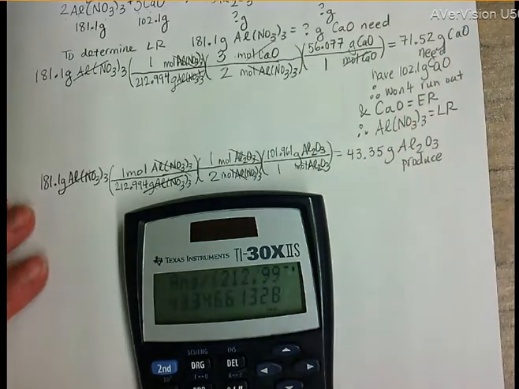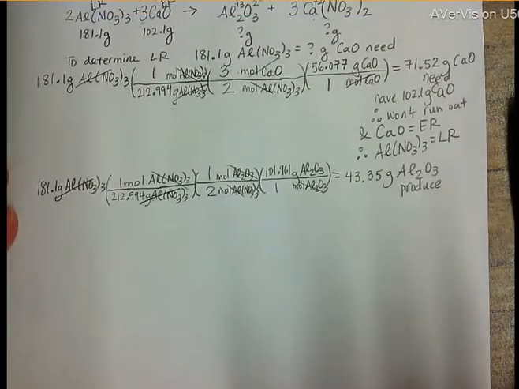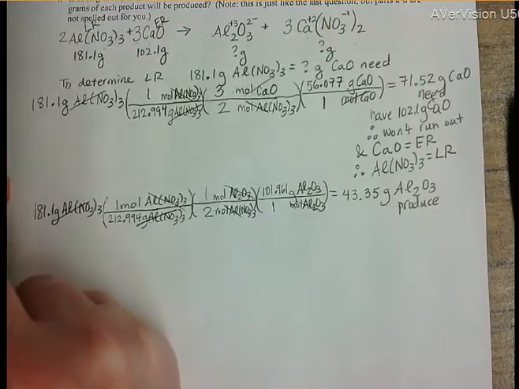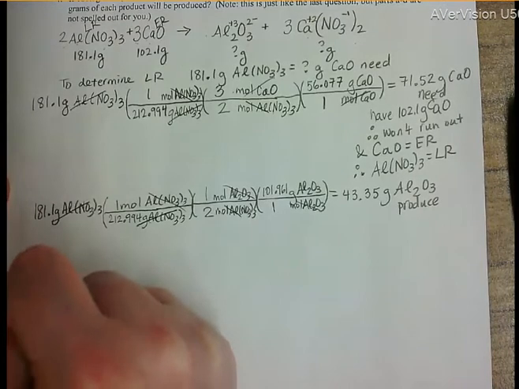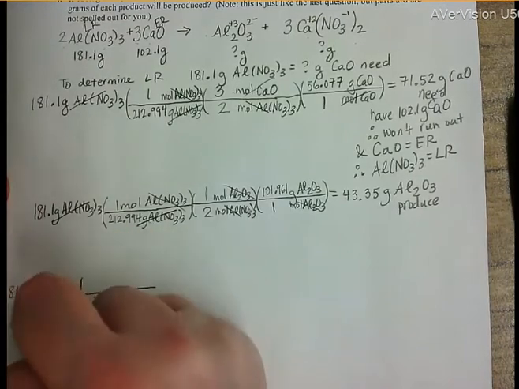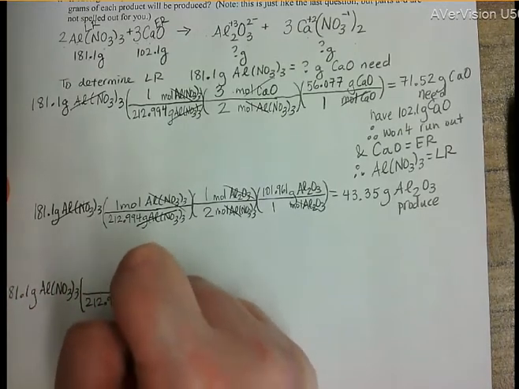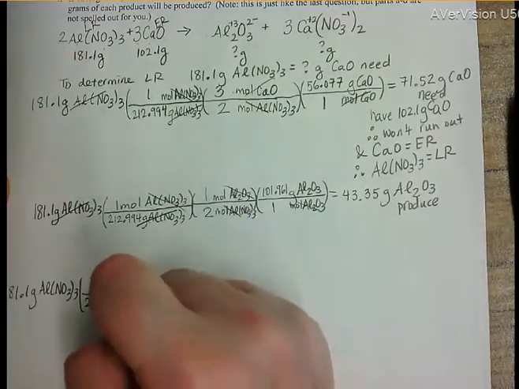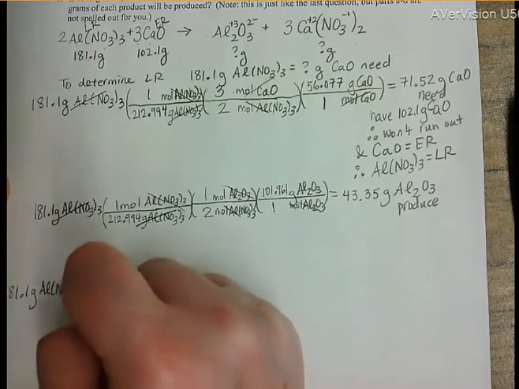And now I need to do the same thing, but for calcium nitrate. So 181.1 grams of aluminum nitrate, its molar mass to 1 mole.